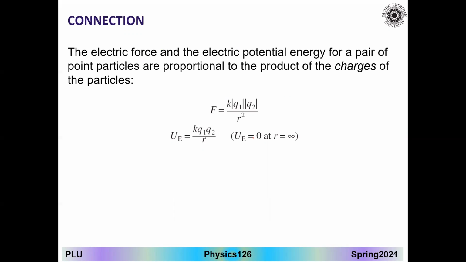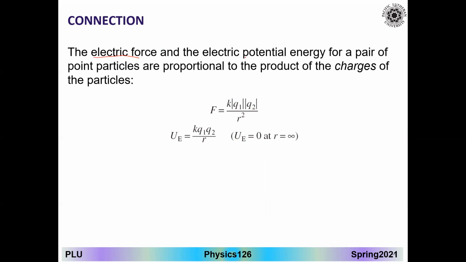Here is the connection. When we started with electrical force, we found that the relation based on Coulomb's law depended on Q1 multiplied by Q2 and inverse of R squared.